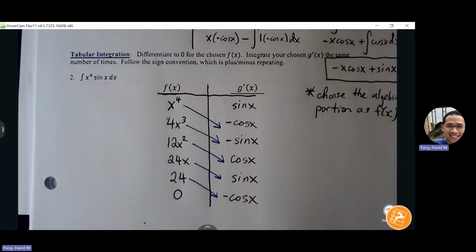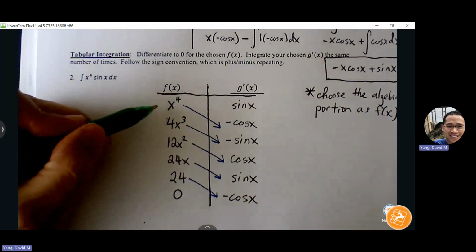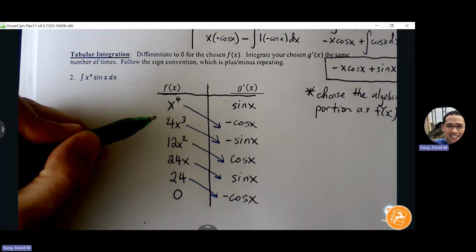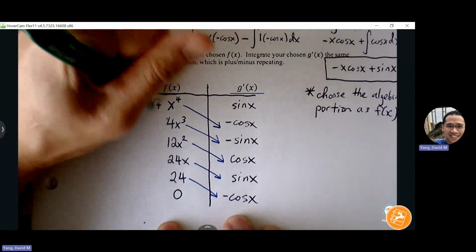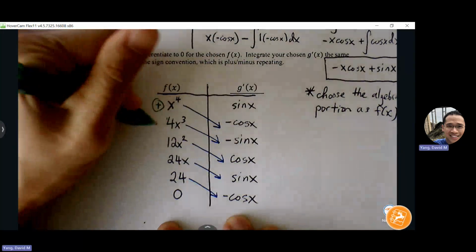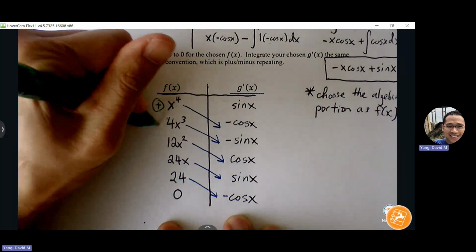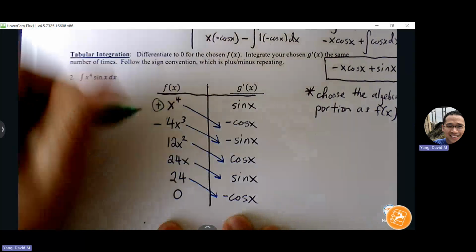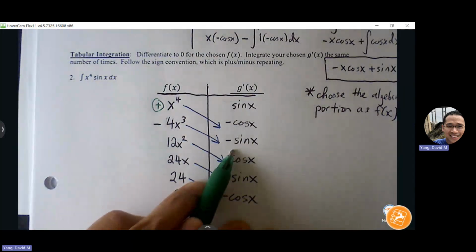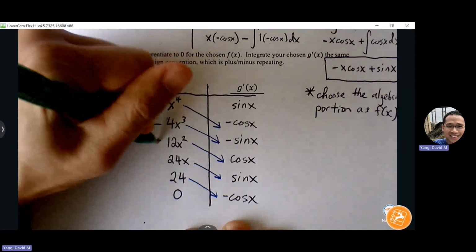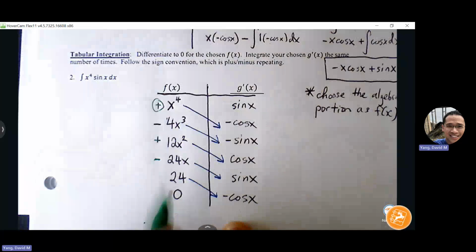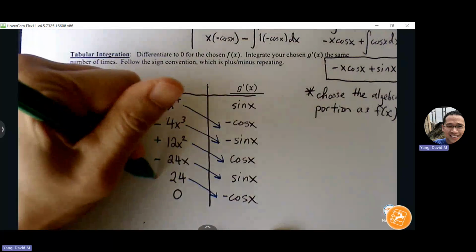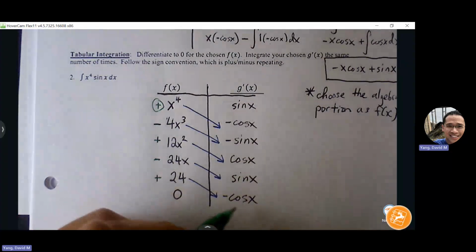Now, there's one more thing, okay? It's the fact that there is going to be an additional sign change that's going to occur through this process. You're always going to start off with a positive term, but then everything is going to alternate after that. So negative 1 times 4x cubed times negative sine x, a positive 1 times 12x squared times cosine x, a negative 1 times 24x times sine x, and then a positive 24 times negative cosine x.